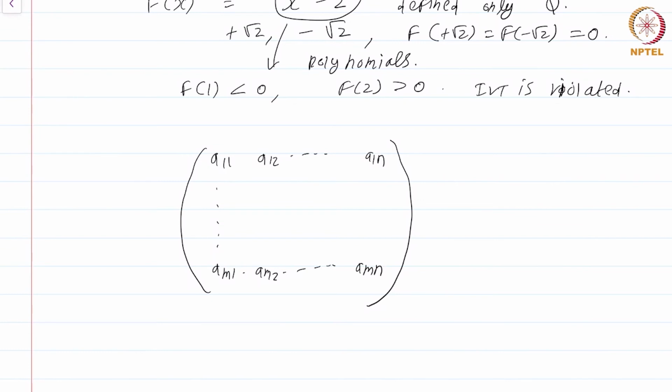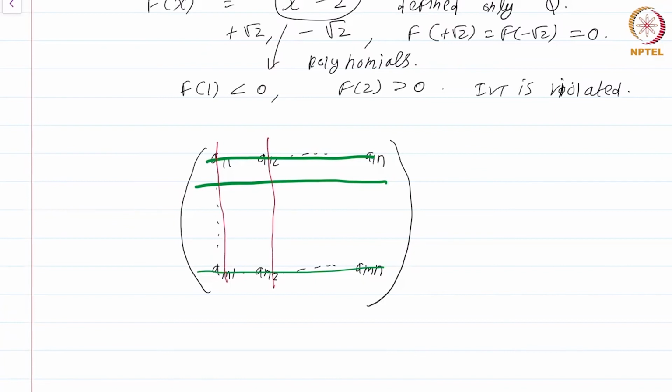Now, suppose I want to sum all the entries of this matrix. There are two ways by which I could proceed. I could first sum up the first row, then the second row, and so on, and then the last row, then add all these together. Or alternatively, I could sum up the first column, the second column, and so forth till the last column, and then add all those together.